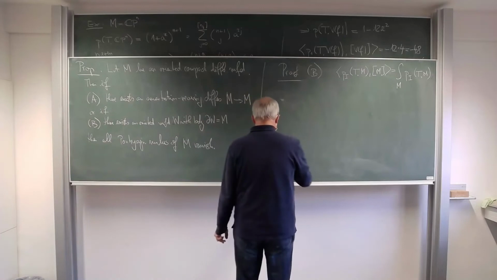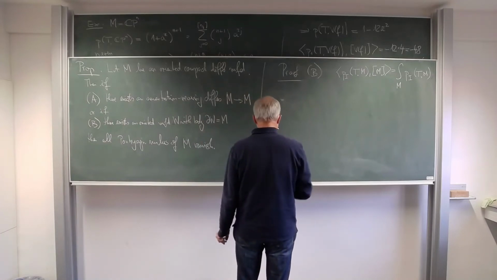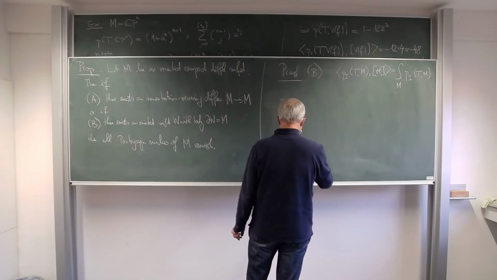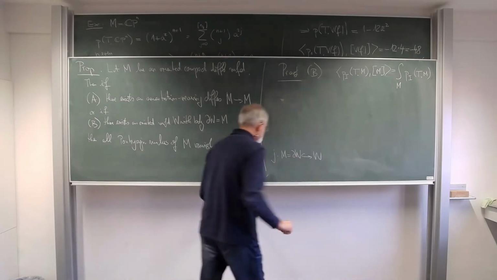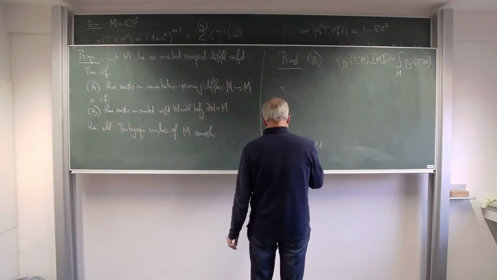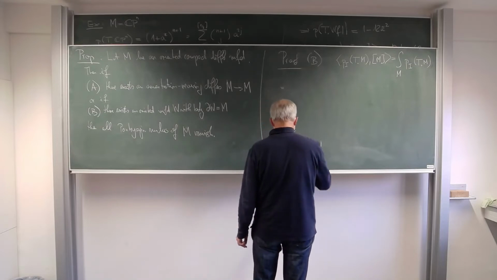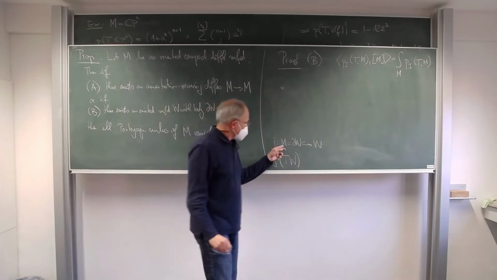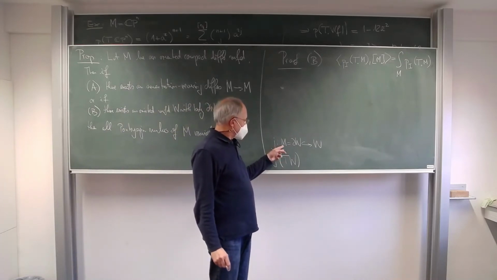Now, if we call the inclusion of the manifold M, which is the boundary of W, into W by J, then what do we have? If I take the tangent bundle of W and pull it back, which means I pull it back to M, what do I get?